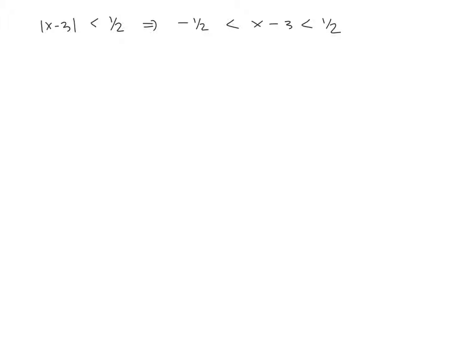And adding 3, so 3 is the same thing as 6 halves, so plus 6 halves, plus 6 halves. So 6 halves minus 1/2 is 5 halves. It's less than x, which is less than 7 halves. Okay, so let's plug those in and test them.